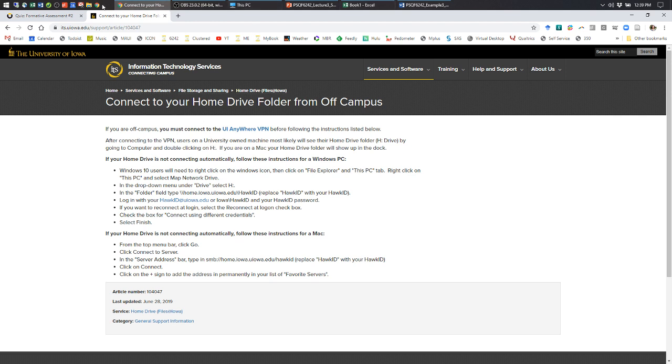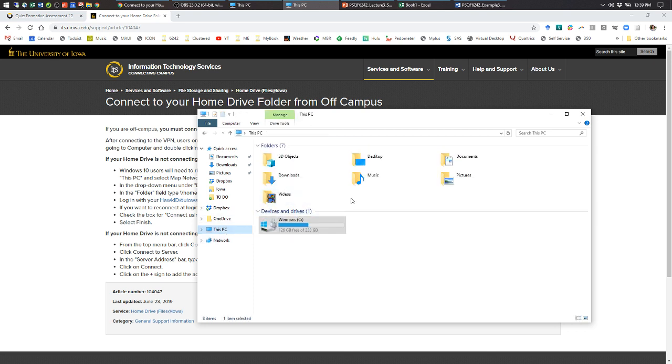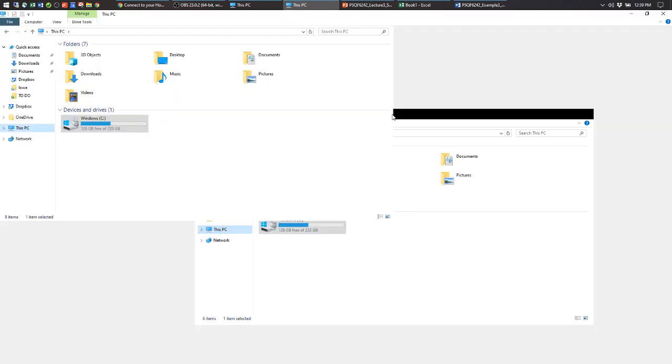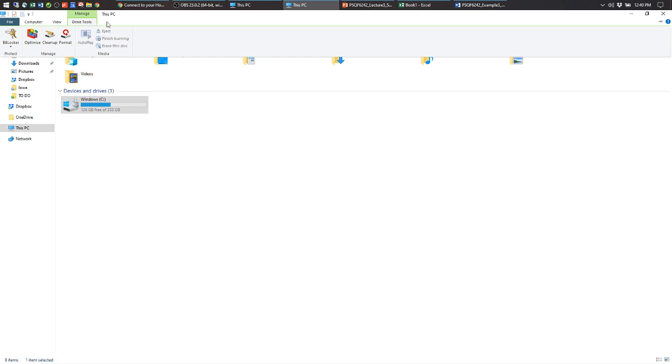I opened up an Explorer tab and verified that on my PC I don't have an H drive, all I have is C. Under Drive Tools there should be Map. No, it's under Computer. I'm running Windows 10. Map Network Drive.